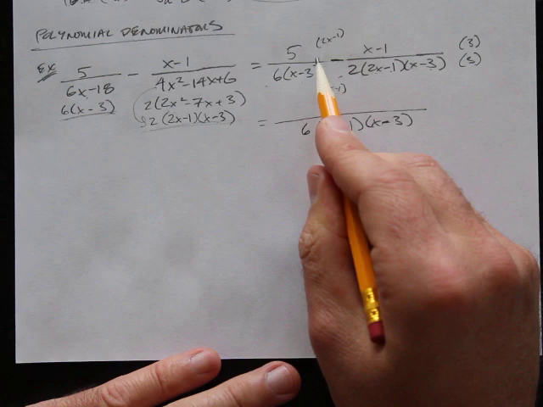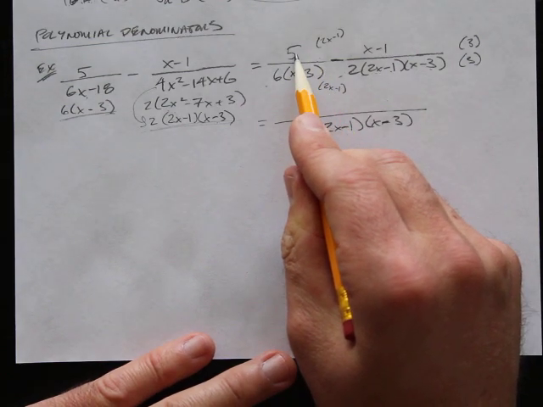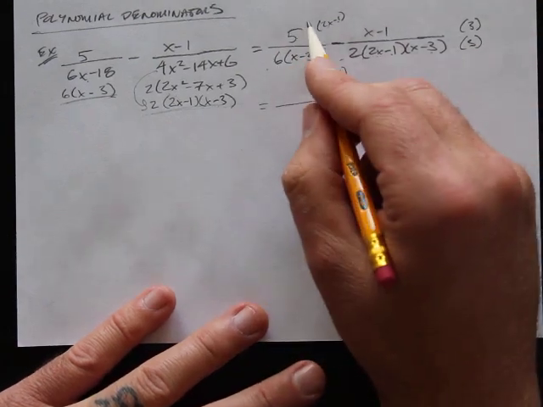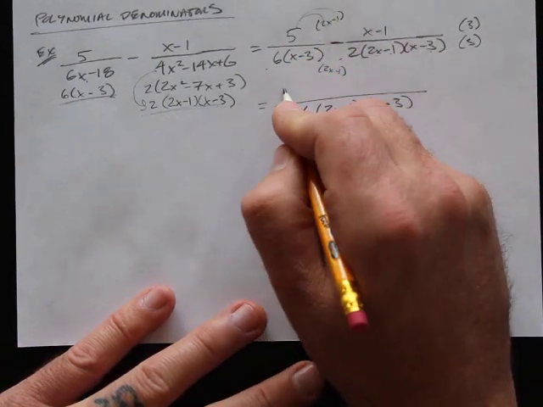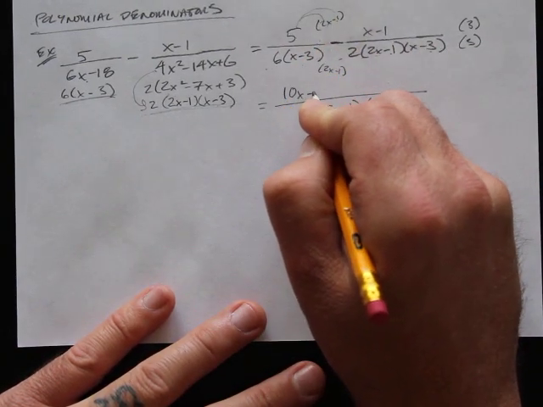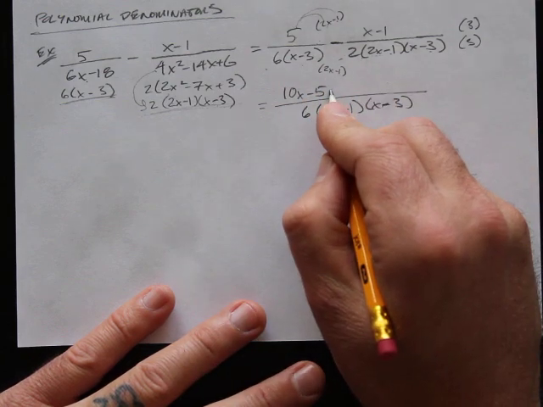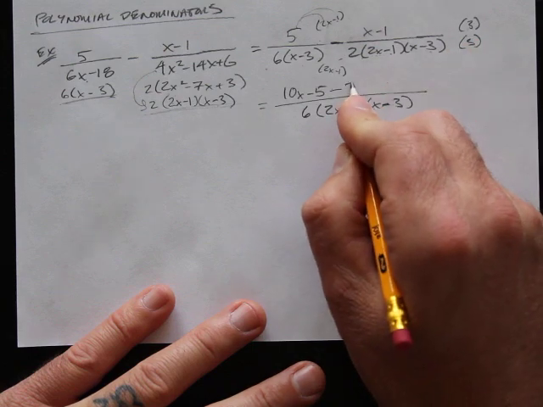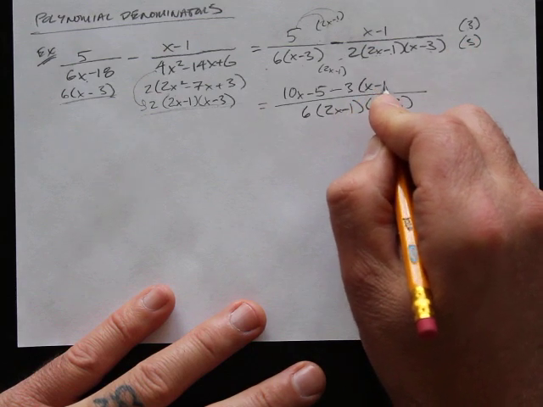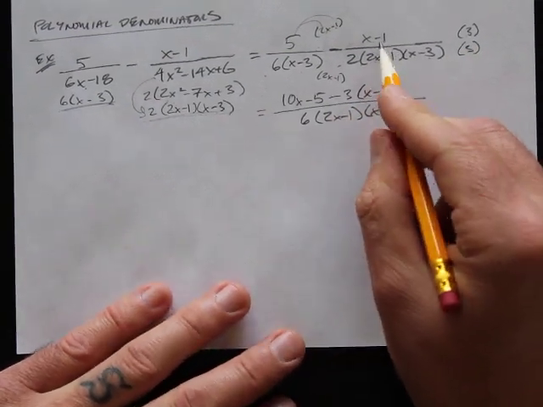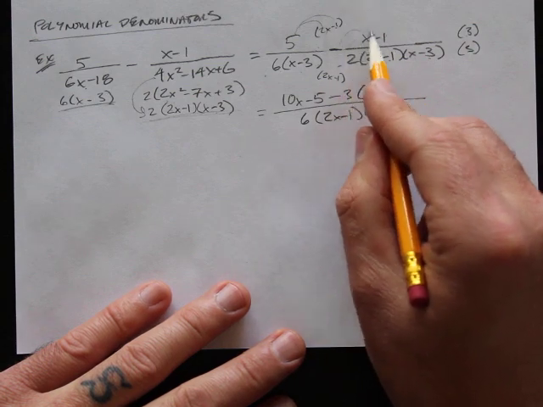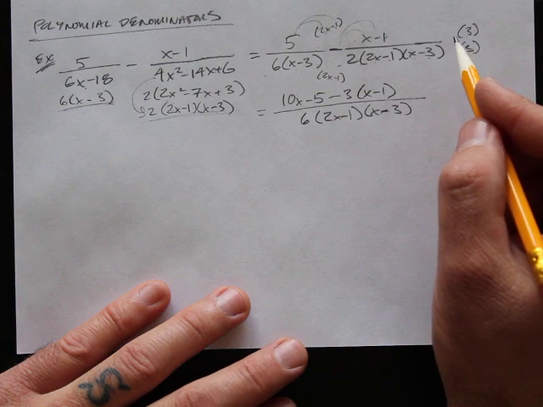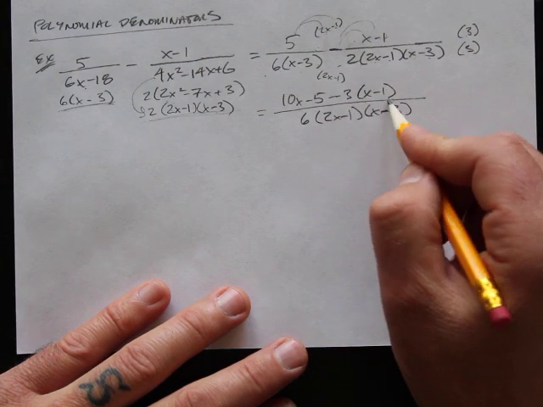Now let's deal with what's up on top. We've got 5 times 2x minus 1, and I'm just going to distribute that 5 in there. So I've got 10x minus 5 minus 3 times x minus 1. I'm going to use parentheses here for this x minus 1 because this negative needs to be distributed throughout, so I keep that negative and put parentheses here.